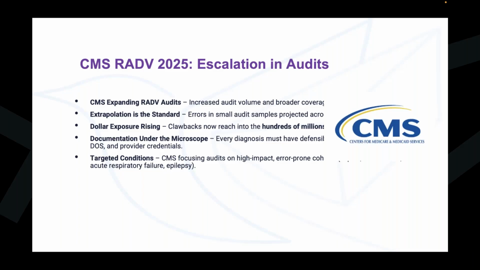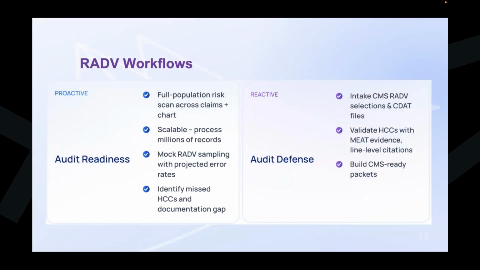The reason why we're emphasizing this is, as I said, starting 2025, there's significant escalation in audits. We've heard that nearly every Medicare Advantage plan would actually be audited, which means millions and millions of audits, which means there needs to be an automated service that does the RADV work.